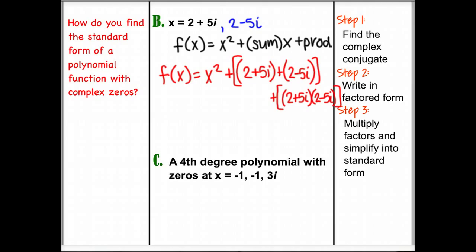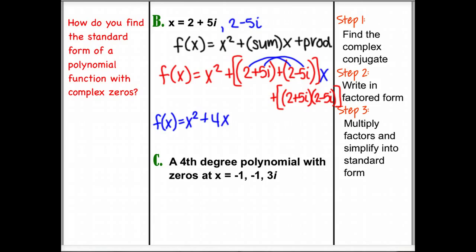And so when I do this, I get f of x equals x squared. And then when I look here, 2 plus 2 is 4, 5i minus 5i is 0. So this is 4 times x. I put my x in there.